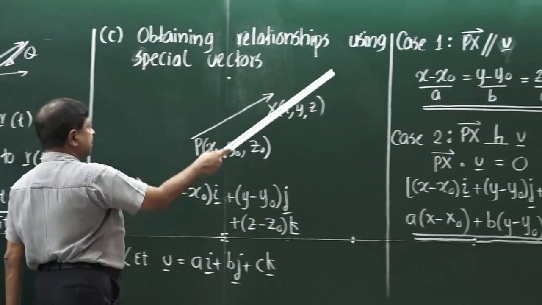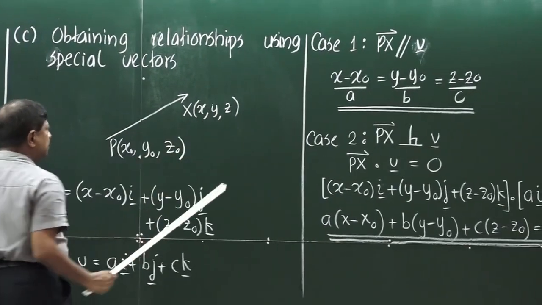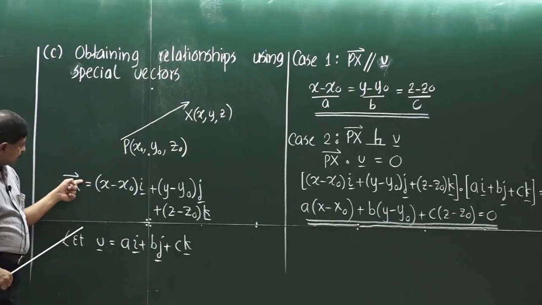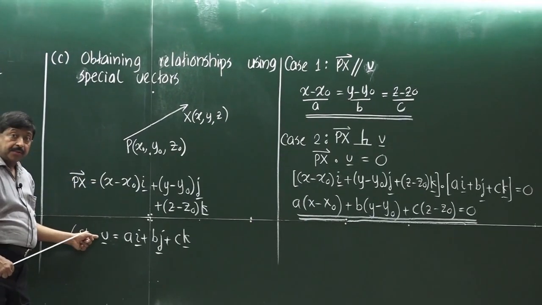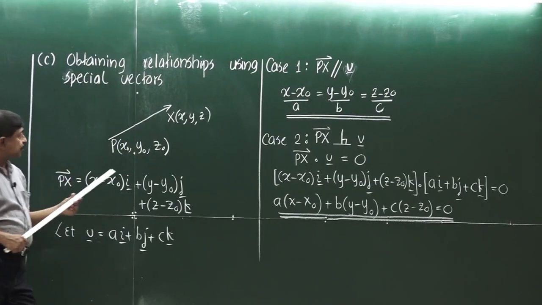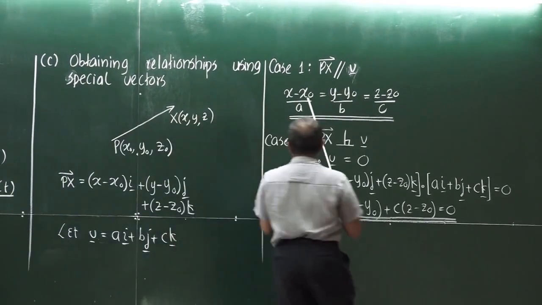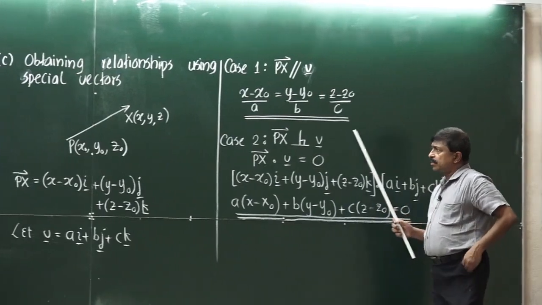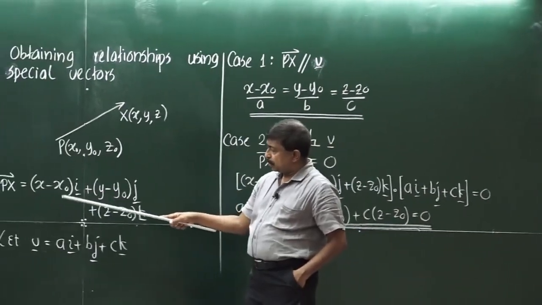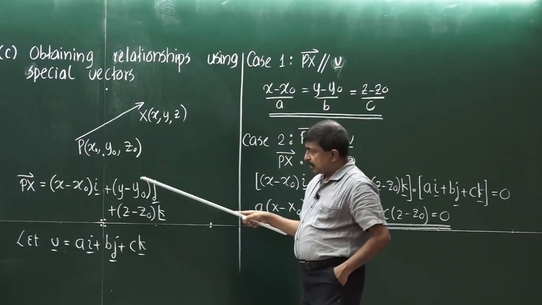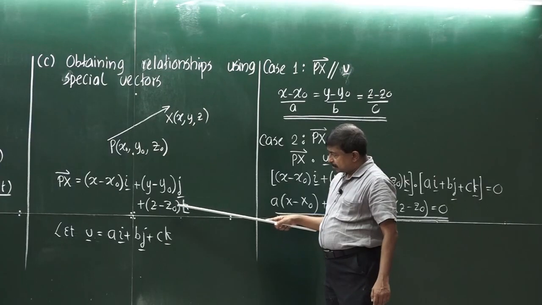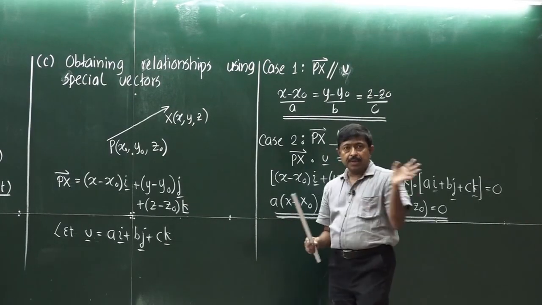First case, when PX is parallel to V, you can write PX is equal to kV, where k is a scalar. Then by equating the components, you can show that their respective components have the same ratio: x minus x naught over a, y minus y naught over b, z minus z naught over c are all equal.